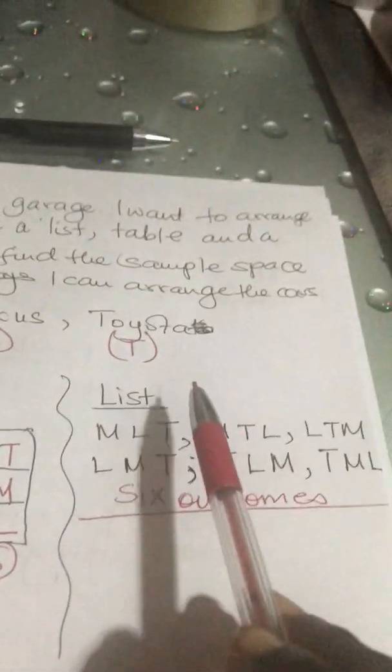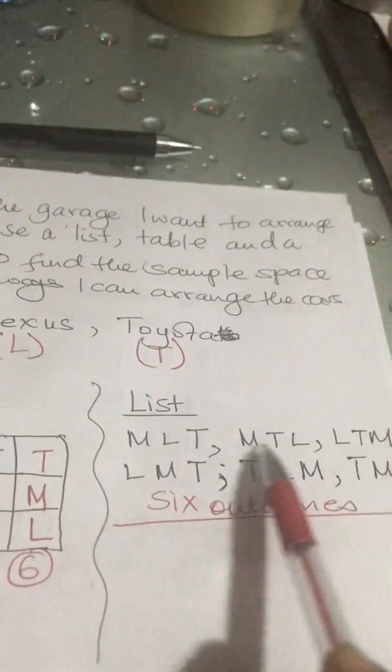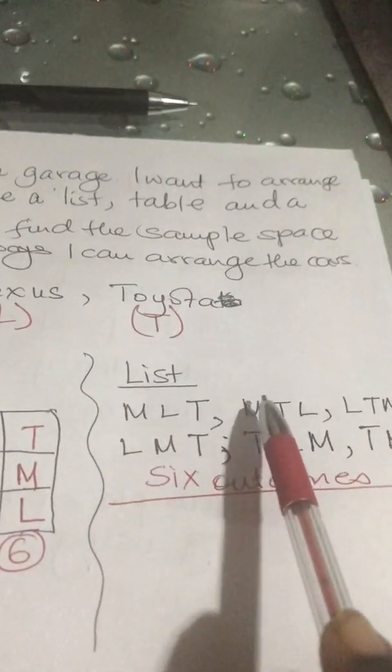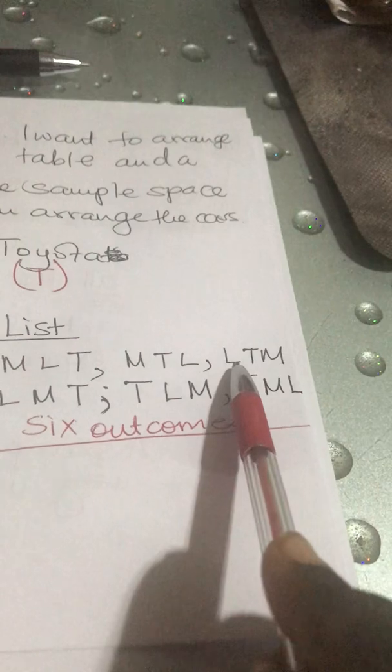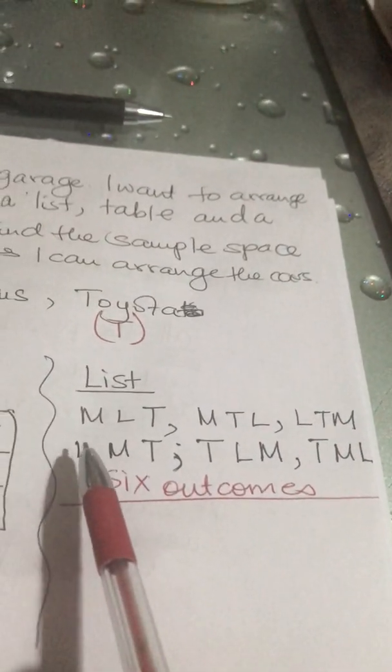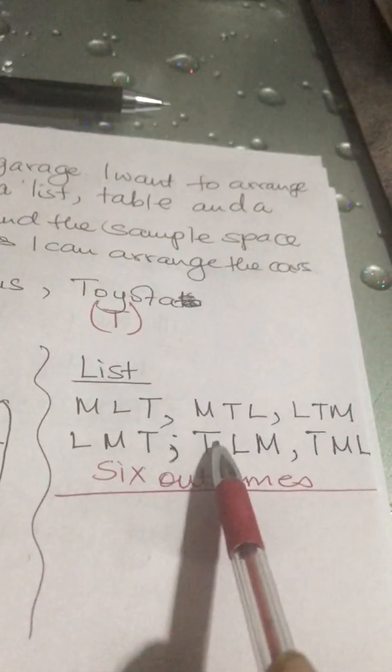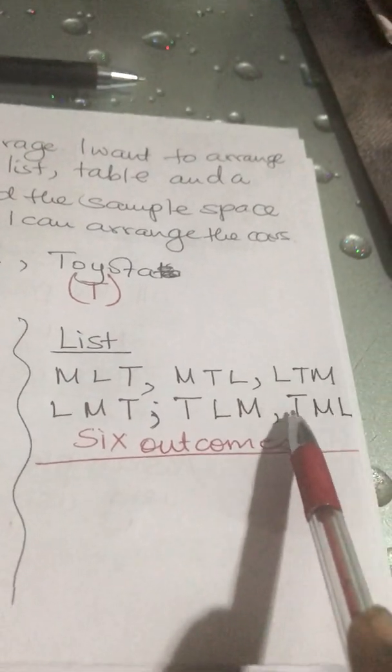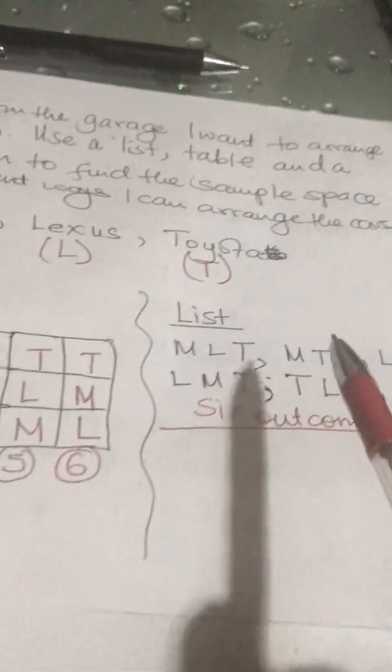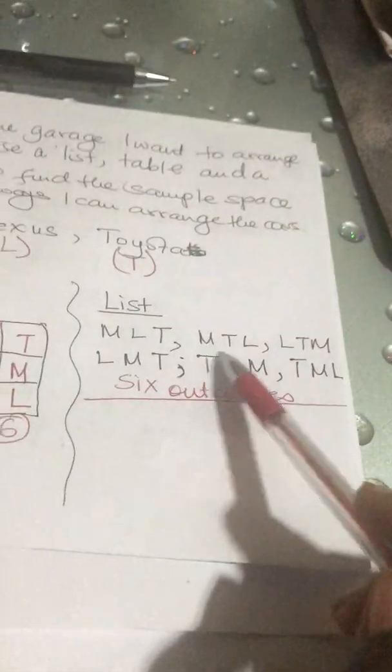Now, if I want to arrange my list, I just write them. Mercedes, Lexus, Toyota, Mercedes, Toyota, Lexus, Lexus, Toyota, Mercedes, Lexus, Mercedes, Toyota, Toyota, Lexus, Mercedes, like that. Toyota, Mercedes, Lexus. If you can see, MLT is the same here. MTL is the same here.